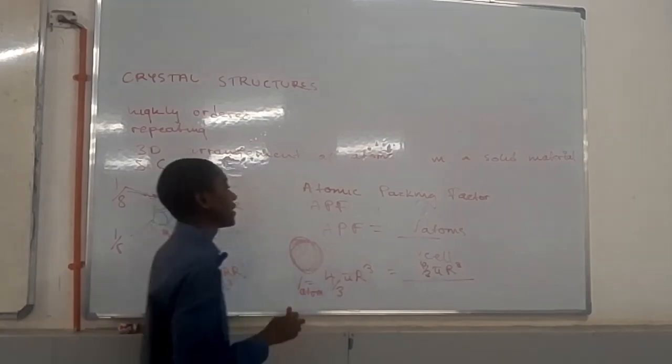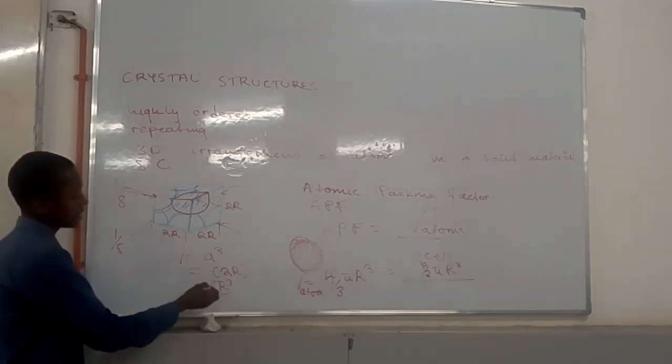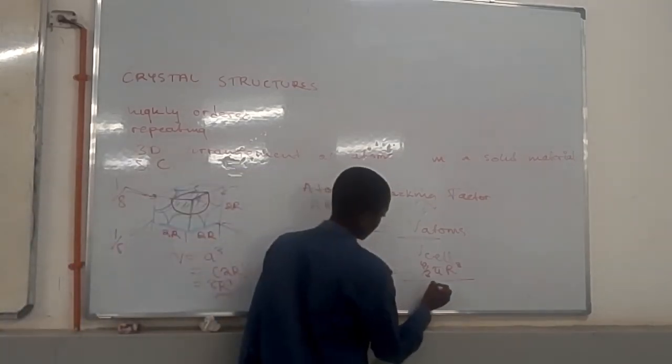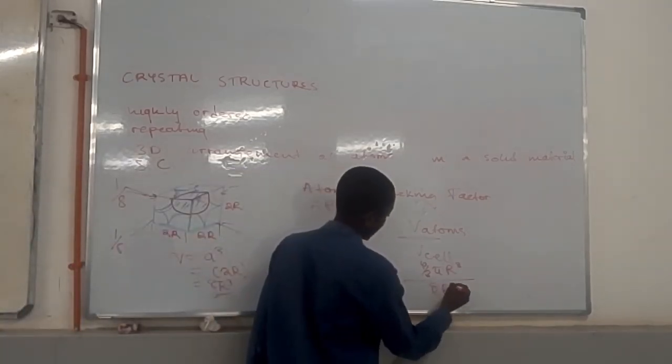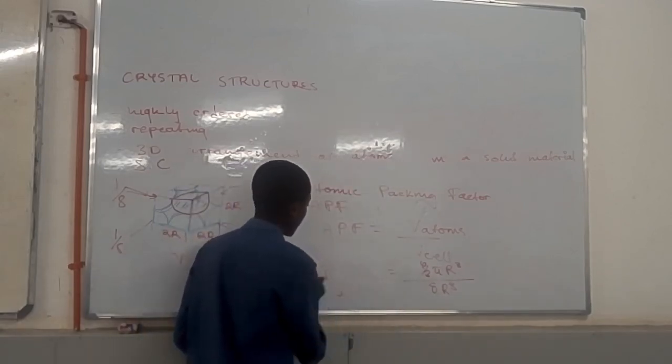over the volume of the unit cell. What is the volume of this unit cell? We found that it is 8r to the power 3. So the volume of this unit cell is 8r to the power 3. We're trying to compute the atomic packing factor.